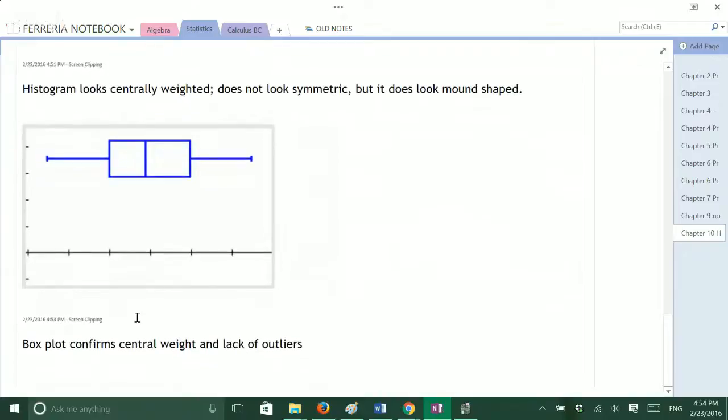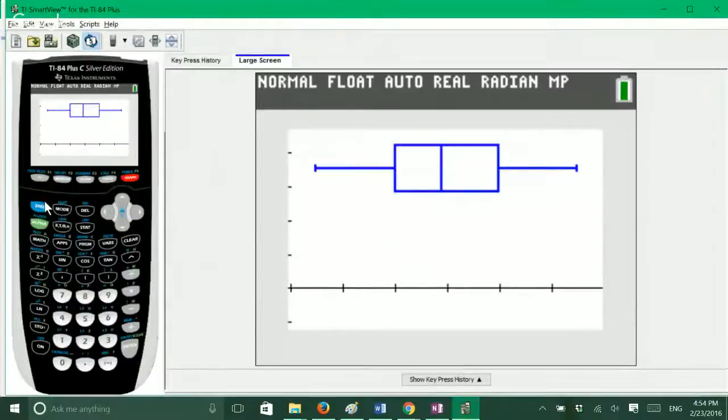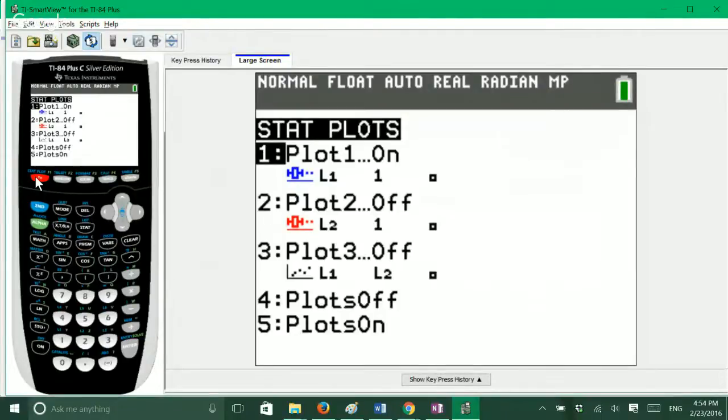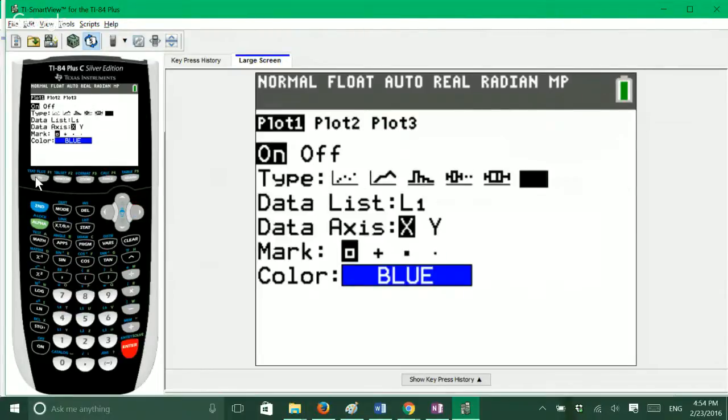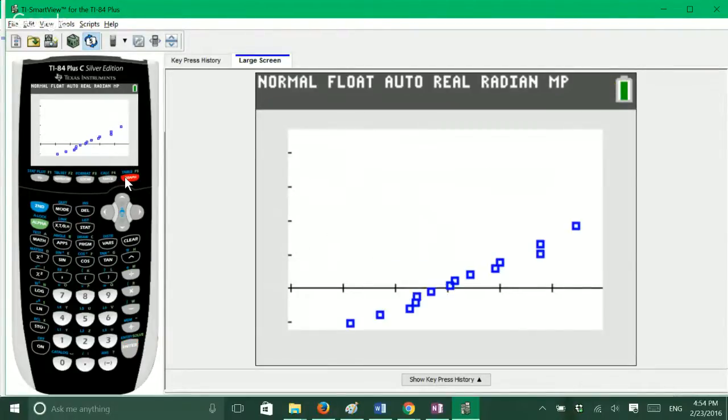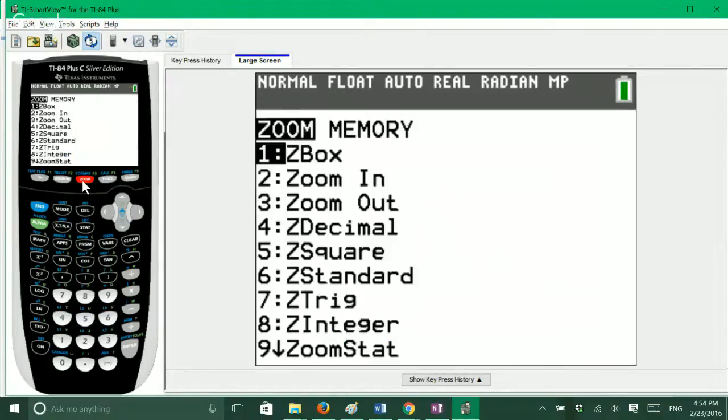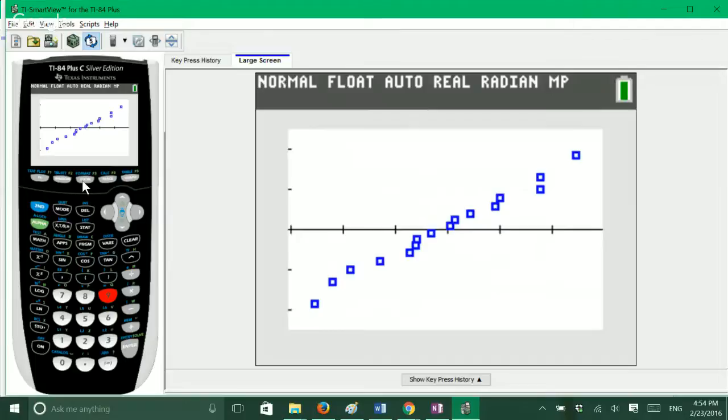Last one we want to look at is the normal probability plot. Remember, with this one we're just looking for it to be close to linear. I should have used Zoom 9. You can see a curve here, but it's not an extreme curve.